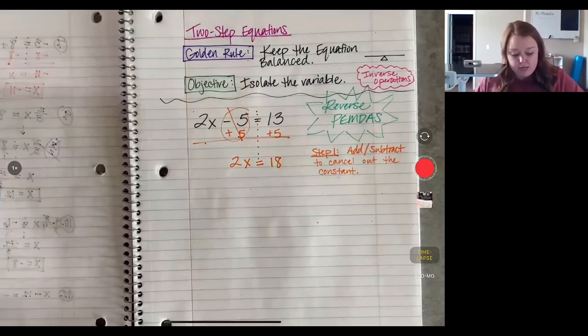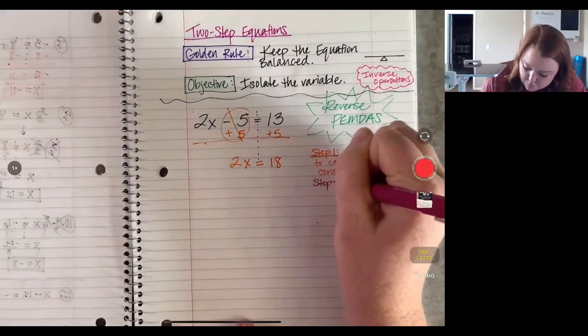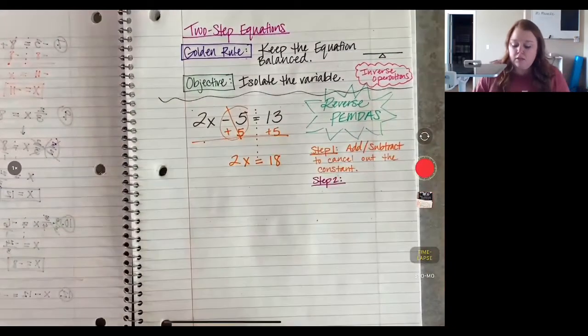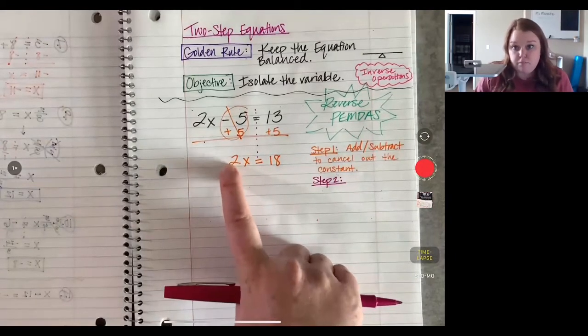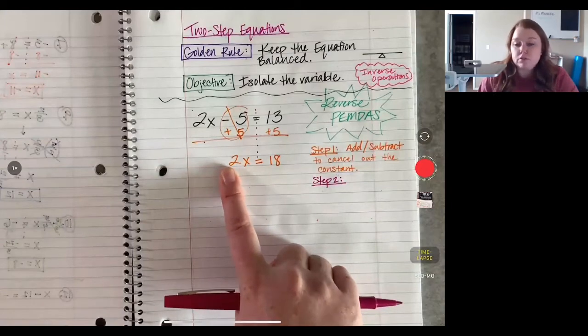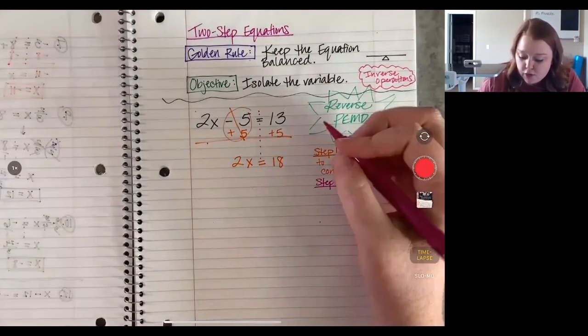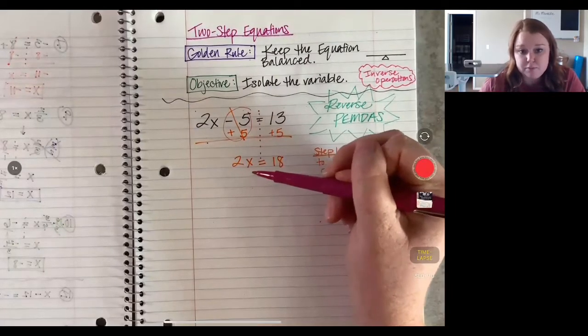Now let's look at step 2. Step 2 would be to get rid of this number 2, right? And what is that called? What is that fancy number called that's attached to your variable? It's called the coefficient. So that coefficient, typically we see it being multiplied, but every once in a while it's going to be divided.